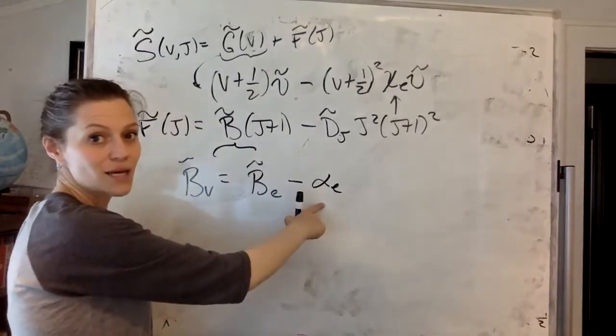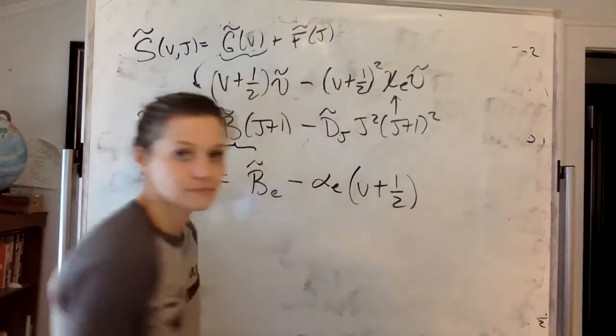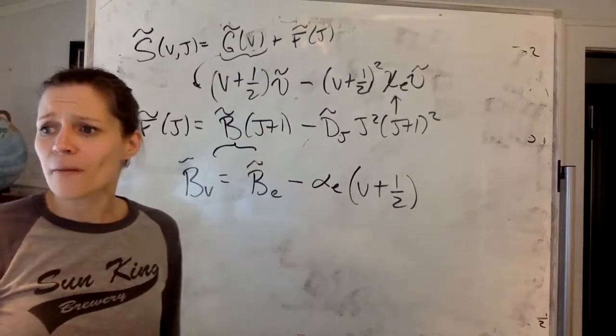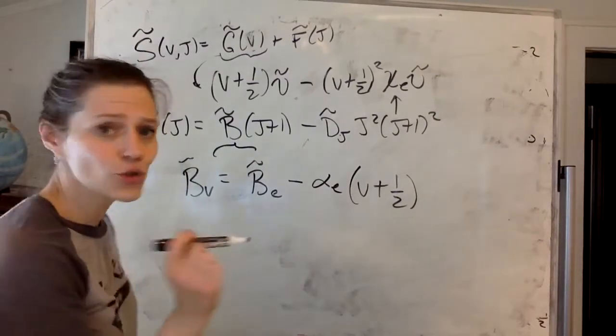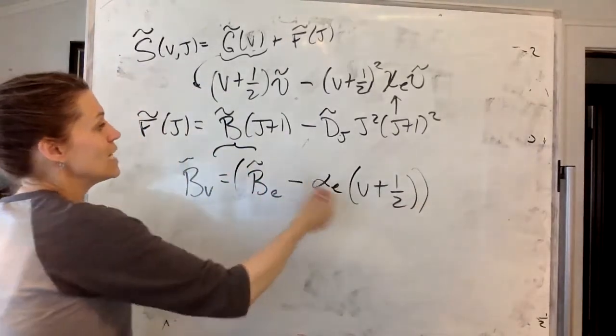Big number, lots of coupling. Little number, not so much coupling. B plus 1/2. Okay, so what I want you to do for number 9, you're going to assume that this, not assume, you're just going to do it, is this B term.